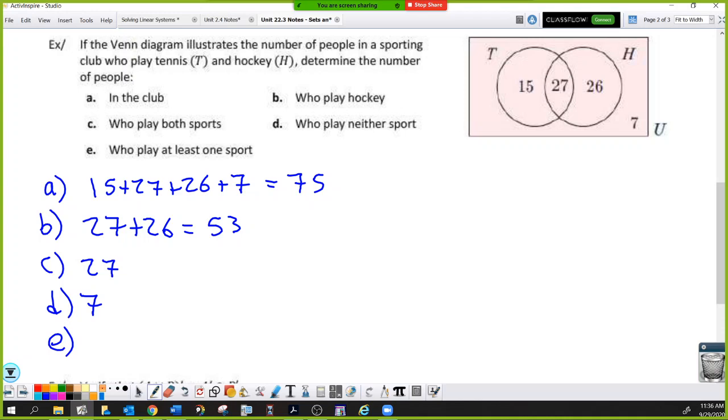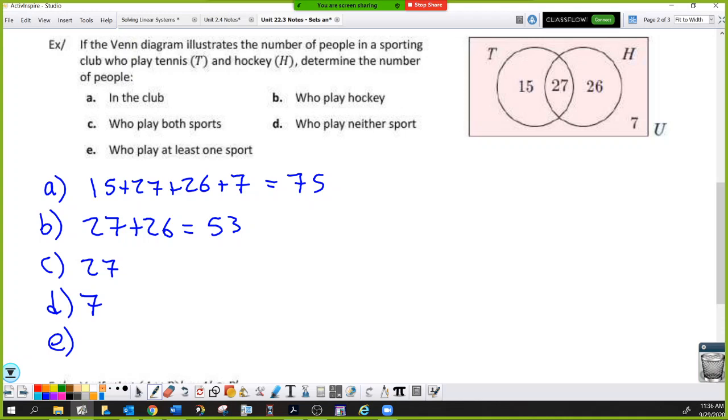It's not 75. How'd you get 53? At least one sport. If you play 2, don't you still play at least one? Well, if I said you're going to give me at least $1 and you hand me 2, am I happy or sad? Happy. So playing more than 1 still means you play at least 1.